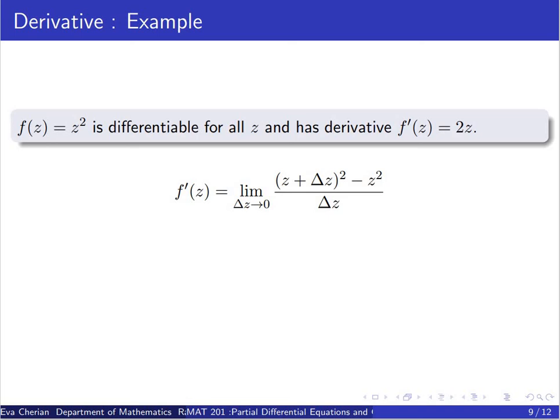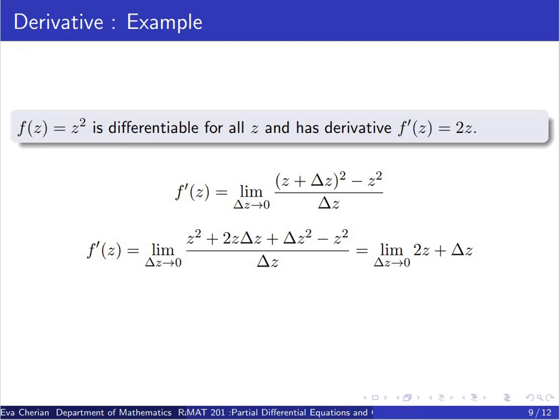Let's expand the numerator. Then we will get f dash z equal to limit delta z tends to 0, (z square plus 2z delta z plus delta z square minus z square) divided by delta z. We can cancel out z square in the numerator.